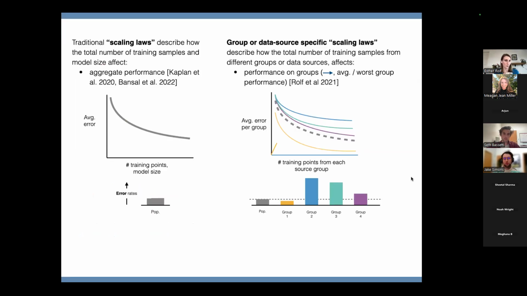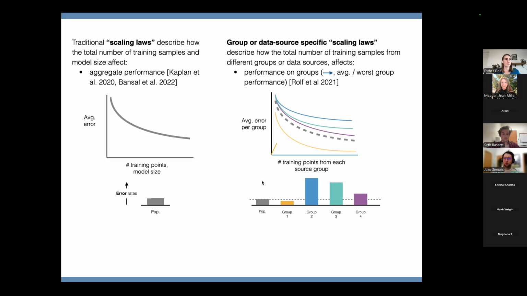Another mile high view of what that methodology looks like is we're developing group specific scaling laws. So scaling laws in machine learning are traditionally used to explain how things like the total number of training data points that you have or the model size, how does error decrease as you increase the amount of training data?